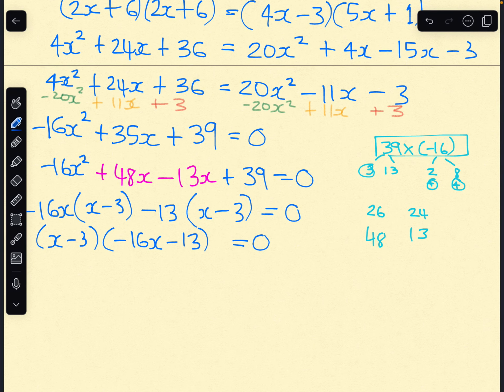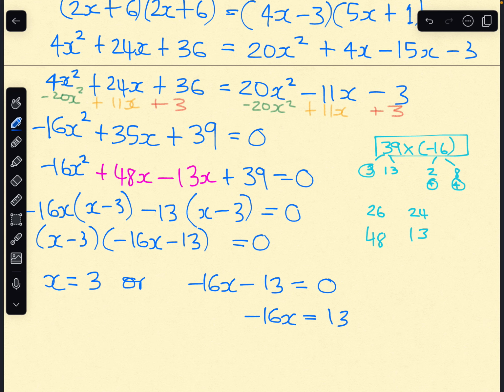So then we got either x is equal to 3, which is indeed one of the solutions we found, or minus 16x minus 13 is equal to 0, is equal to 13, and then x is equal to negative 13 over 16. So these are the two possibilities.